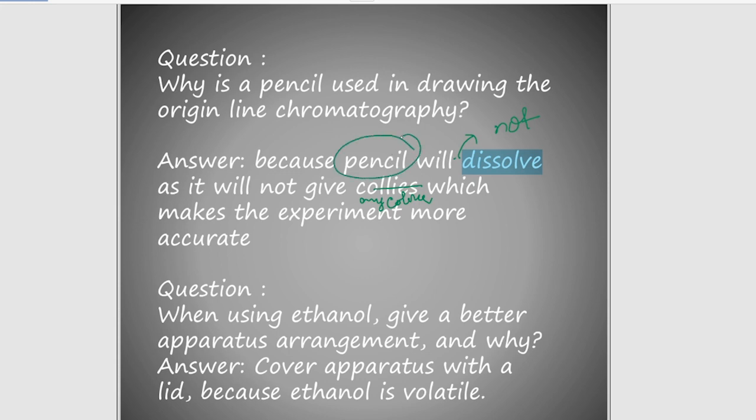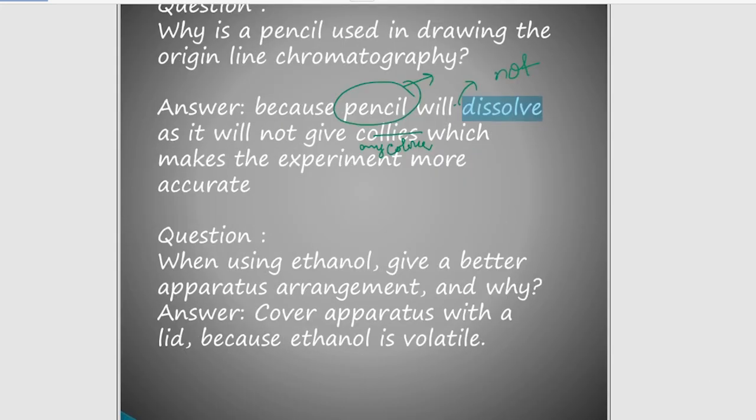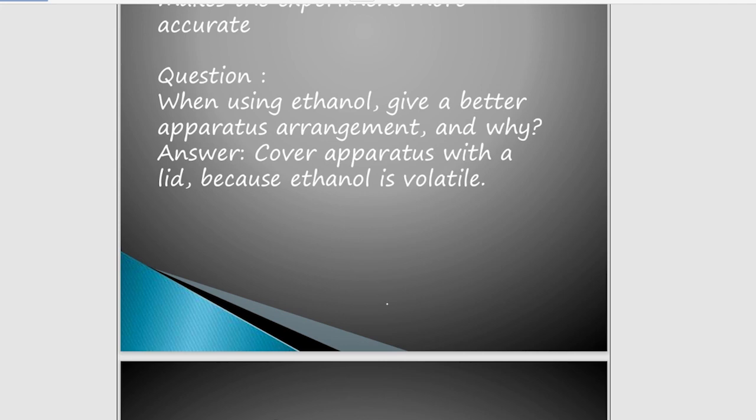So pencil is basically not dissolved in water, but for accuracy we have to check whether it is dissolved or not. We cannot use any ink pen because the colored ink will dissolve in the solvent and interrupt our results.